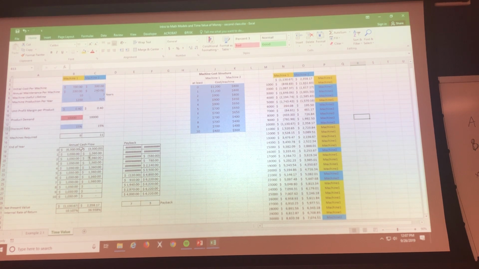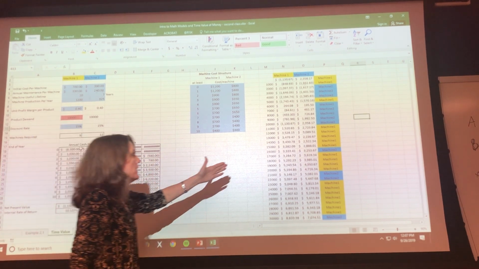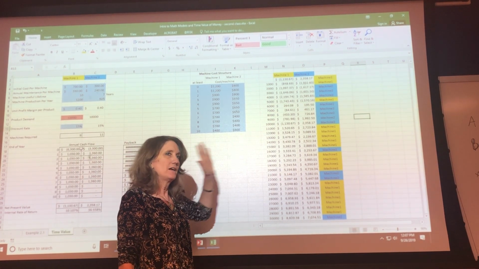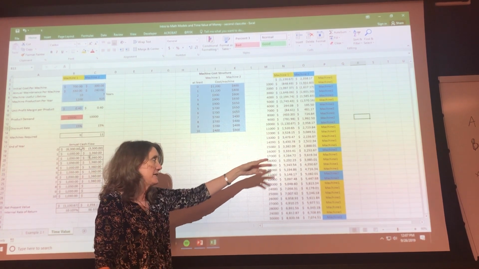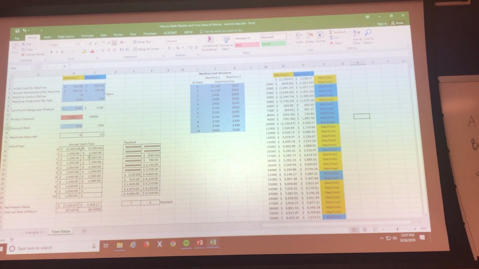Any thoughts? Think about what you're changing in the input. Over here in this input, you're changing demand. Now think about that, because that's what makes what machine you would choose change. Any thoughts?